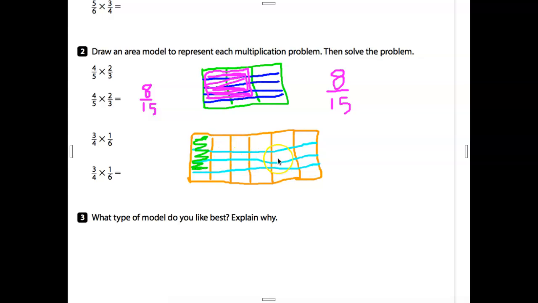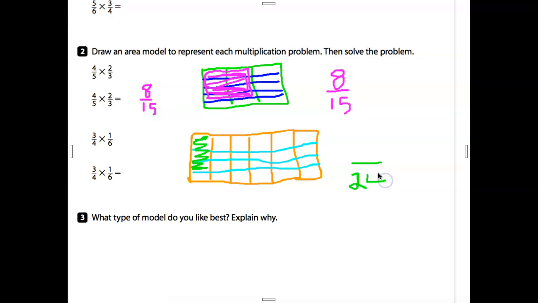Okay? So now what we have to do is count all of the squares. 1, 2, 3, 4, 5, 6 times 1, 2, 3, 4. 6 times 4 is 24.